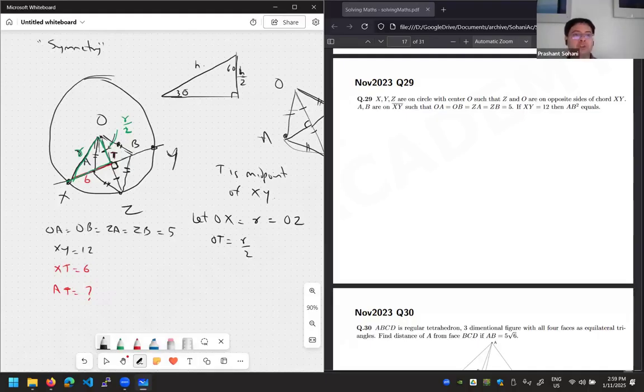So you are using the converse of the 30, 60, 90 property. Therefore angle OXT is 30 degrees and angle XOT is 60 degrees.